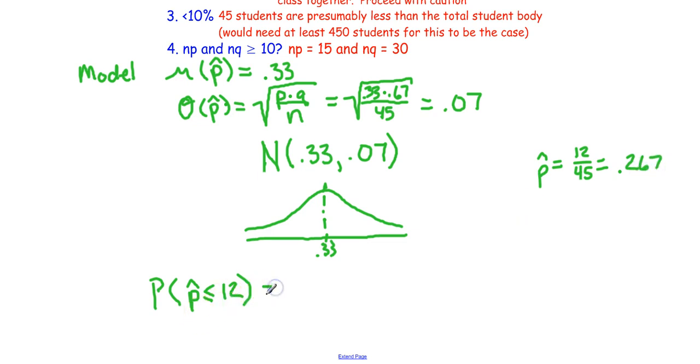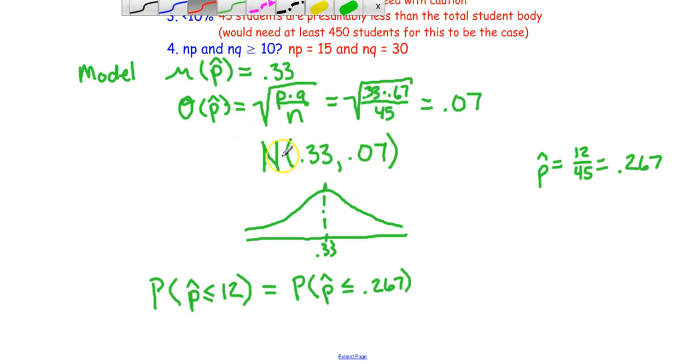So we want to know the probability of taking a sample and getting a proportion that is no bigger than 0.267. Alright, come back up here and we'll label our diagram. It's going to be somewhere over to the left. We don't have to be super accurate with this.